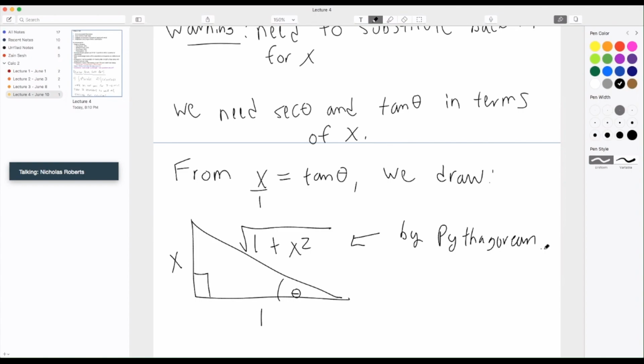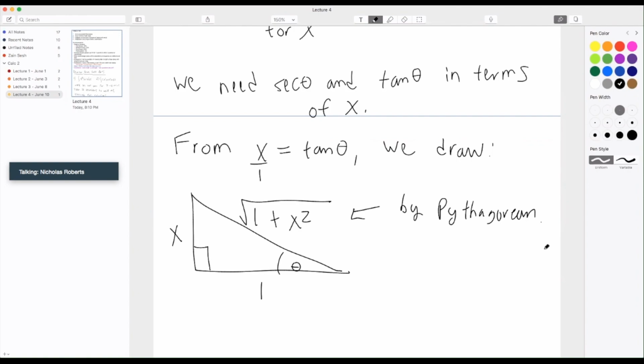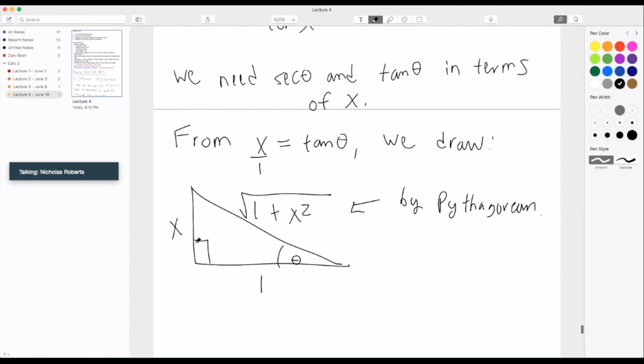Very good. So let's just recall what we need: secant theta and tan theta. Those are easily readable from this triangle.